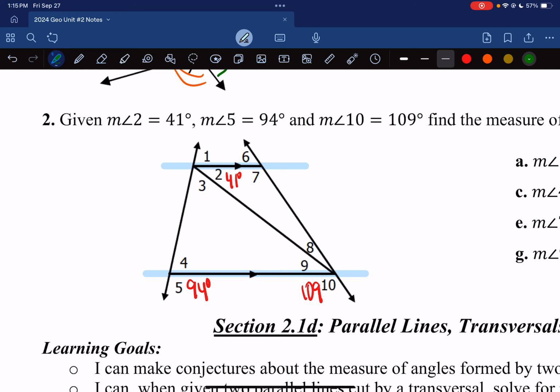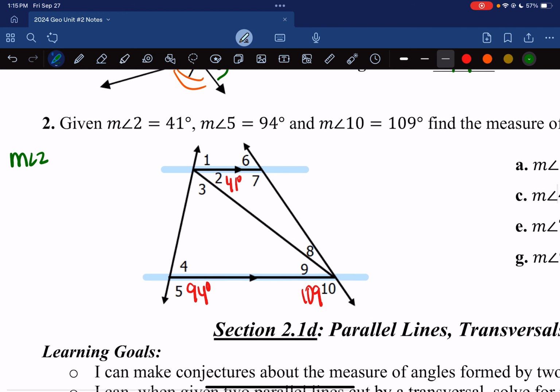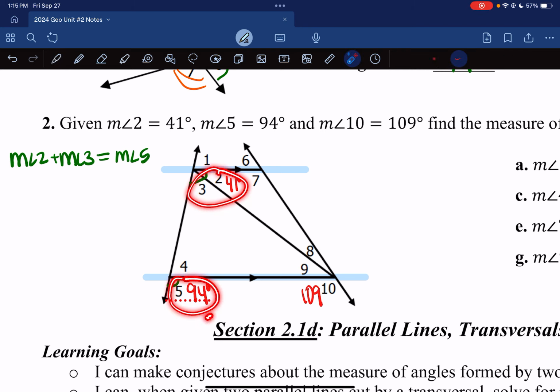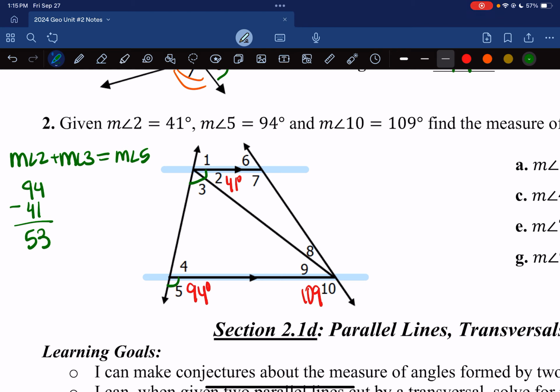We know that the measure of angle 2 plus the measure of angle 3 is the same as the measure of angle 5. So together, 2 and 3 make 5. So we can find 3 by doing 94 minus 41, and that gives us 53 degrees. So 3 is 53 degrees.